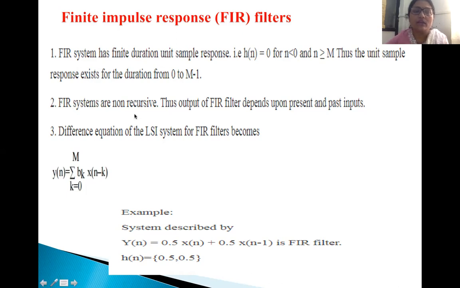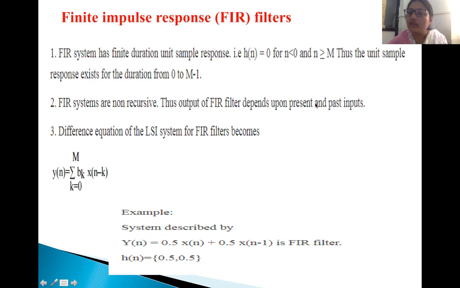The FIR filter is non-recursive. Thus the output of the FIR filter depends only upon present and past input samples. It does not depend upon the output.